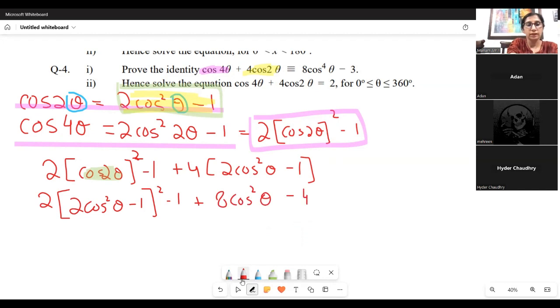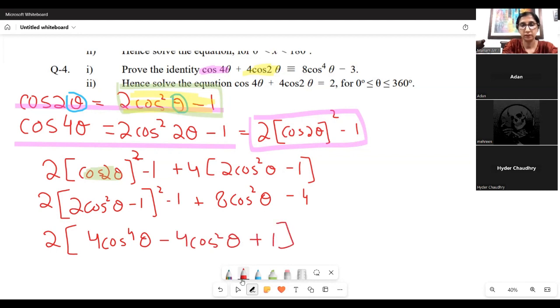Expand this further, using a square minus 2ab plus b square. So 2 brackets, 4 cos power 4 theta minus 4 cos square theta plus 1, minus 1, plus 8 cos square theta minus 4.